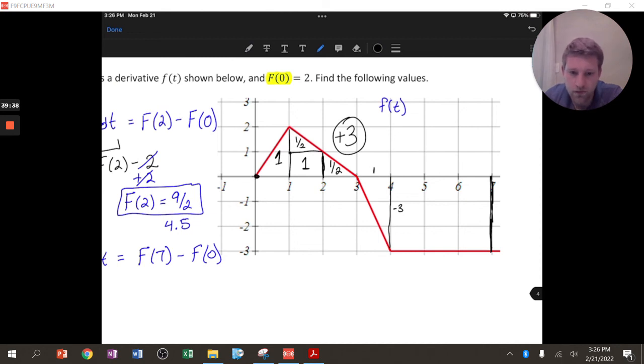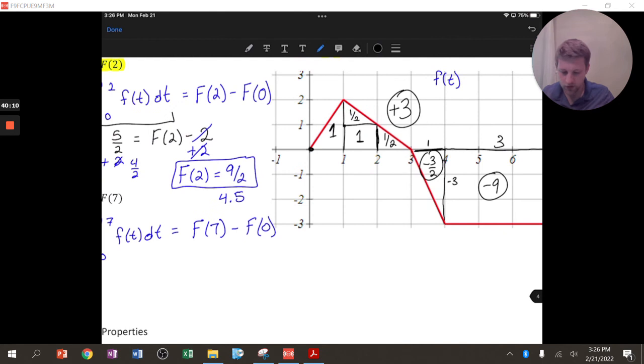So it looks like we'll have -3/2 units of area in that section of the triangle. And then we are left with a square here, -3 by 3 units of area. So negative 3 by 3 would give us negative 9 units of area in that square.